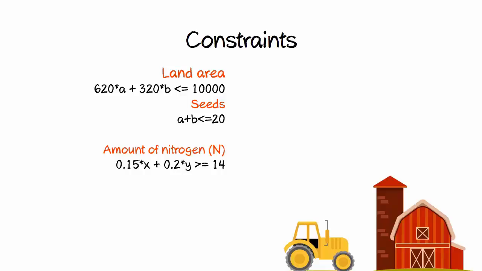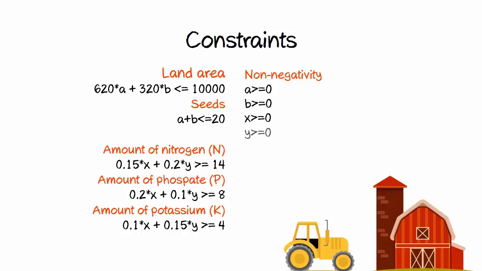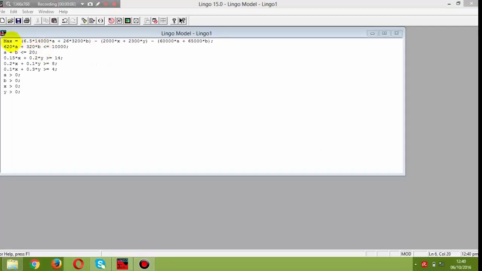So, at least he needs 14 kilograms, but he can use more. And next, he needs 8 kilograms of phosphate. And lastly, he needs 4 kilograms of potassium. Now, the last constraint is the non-negativity constraint, because we can't have a negative amount of things, right? So, A, B, X and Y are greater than or equal to 0.